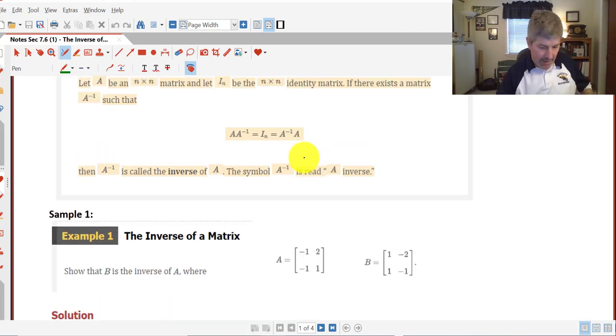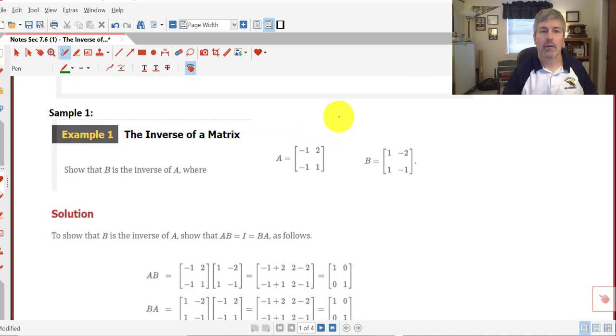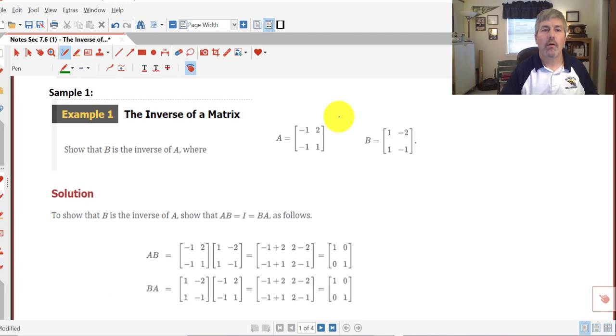What do we mean by that? A matrix multiplied by its inverse is the identity. So here in sample 1, we want to show that B is the inverse of A, where we've got matrix A and matrix B. So what we need to show is by multiplying matrix A times B, it's going to equal the identity, and we also have to show that B times A equals the identity.